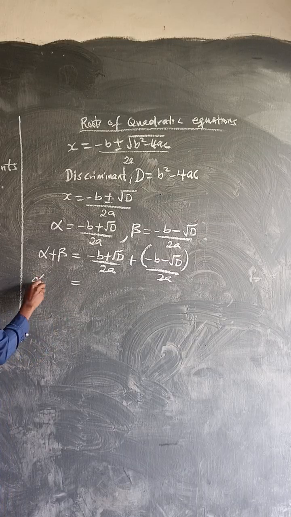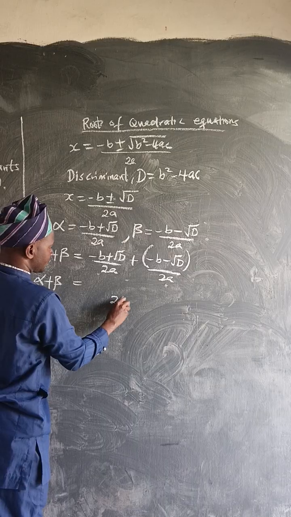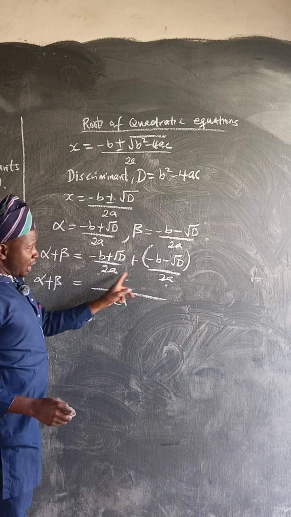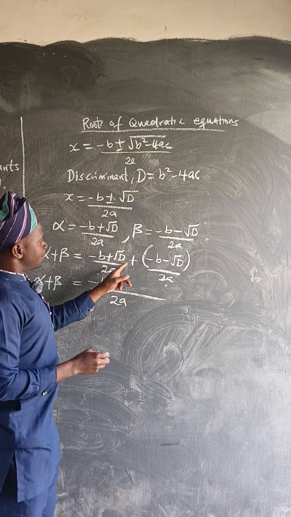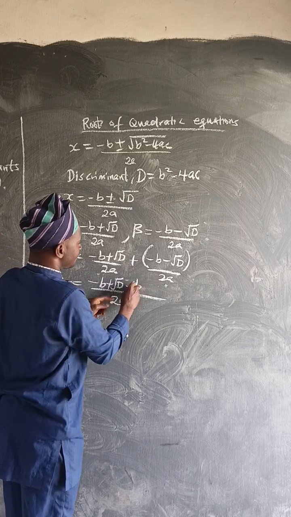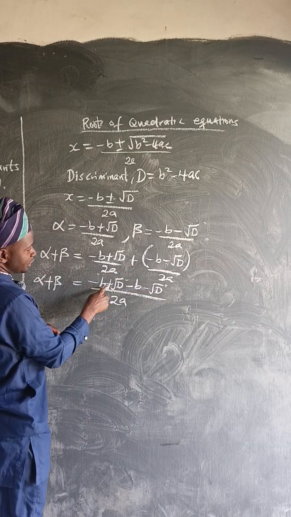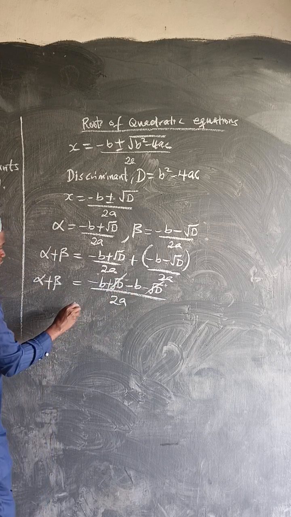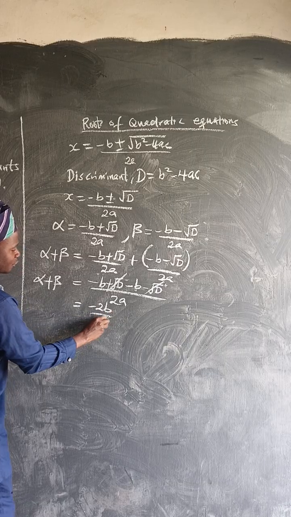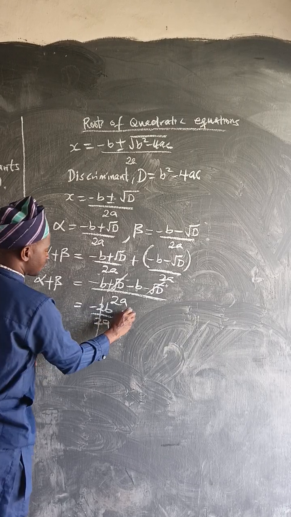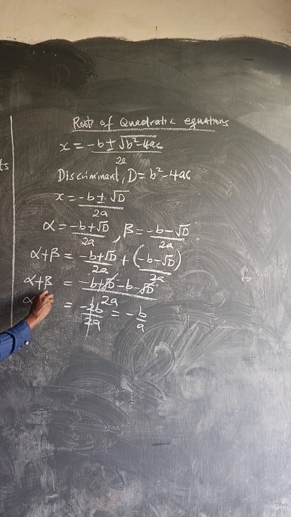Which implies alpha plus beta equals, taking the LCM, 2a, since we have similar fractions, minus b plus root D, plus minus b minus root D. We have root D plus minus root D, which will cancel out. So we have minus b minus b, that is minus 2b divided by 2a. The 2 will cancel out, and we have minus b divided by a. So this is the sum of the roots of a quadratic equation.